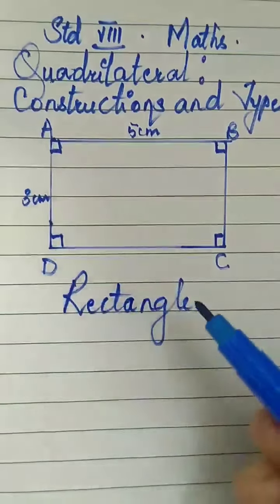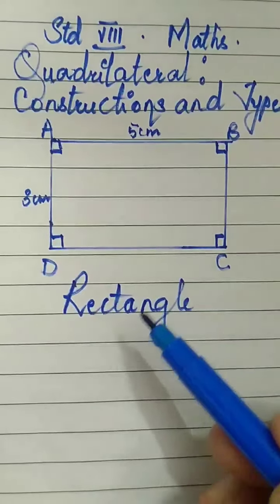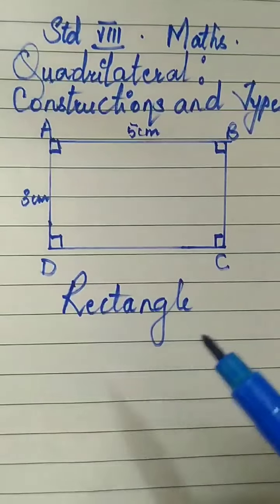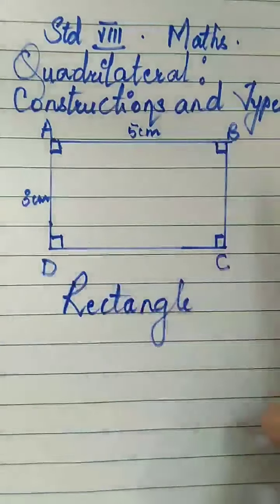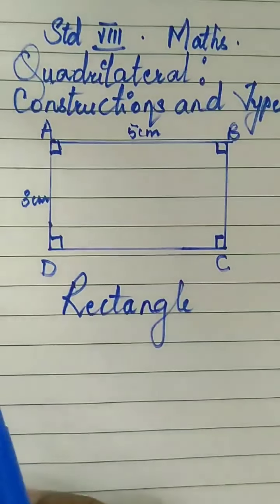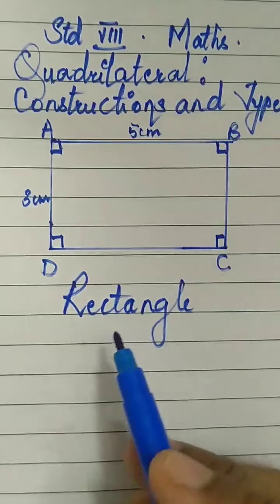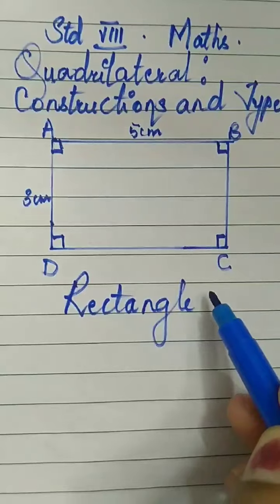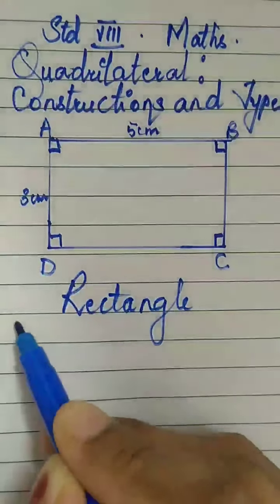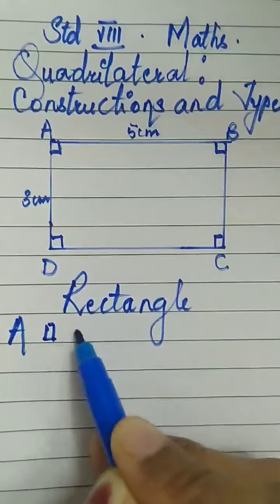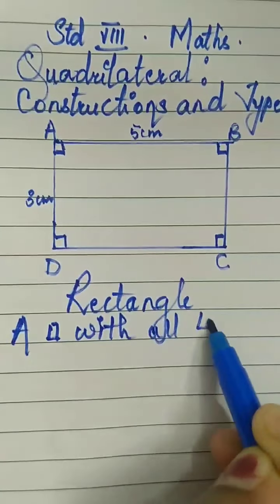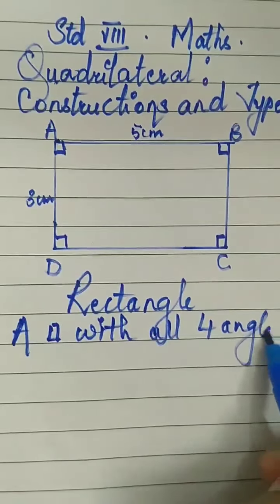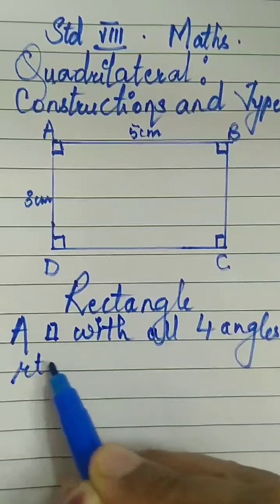How will you define a rectangle? A rectangle is a quadrilateral in which all 4 angles are right angles. You can write in your own words, but see to it that you mention the definition: a quadrilateral with all 4 angles right angle is a rectangle.